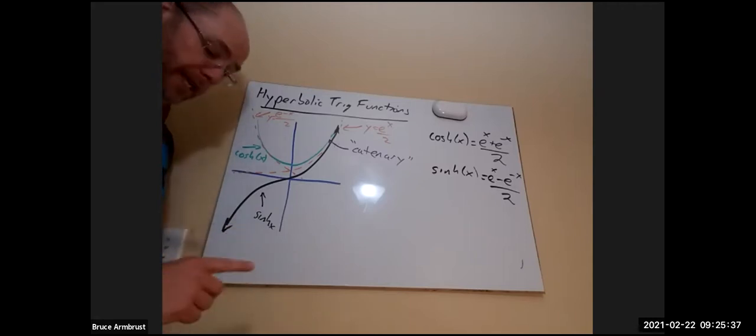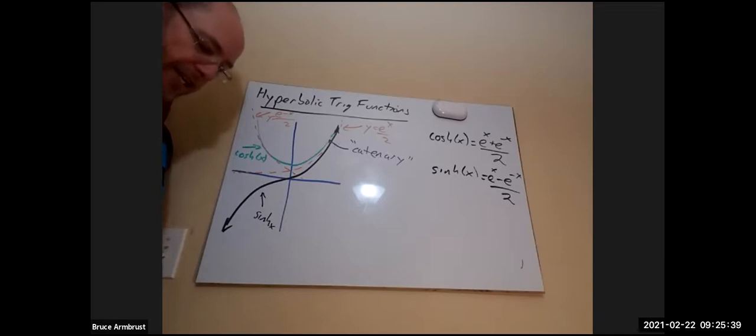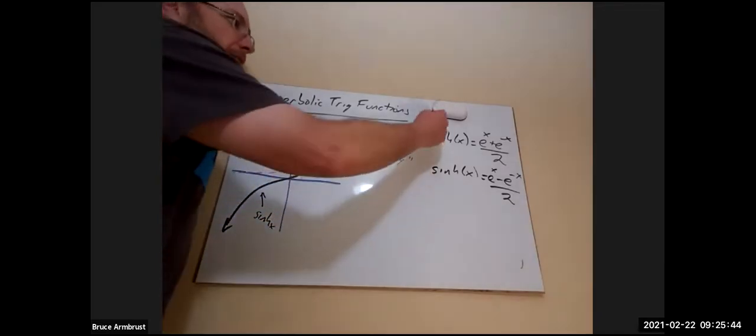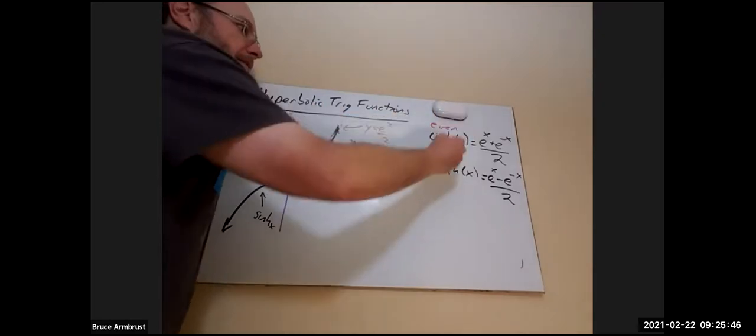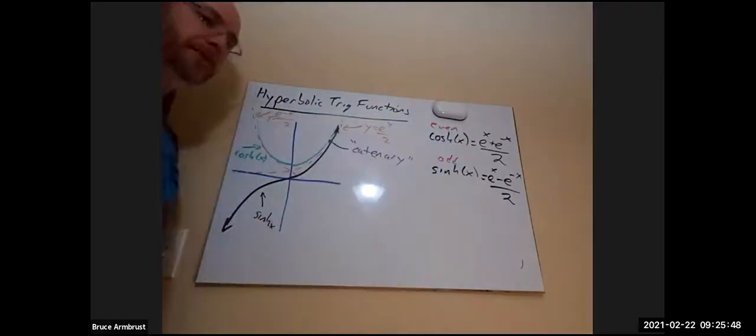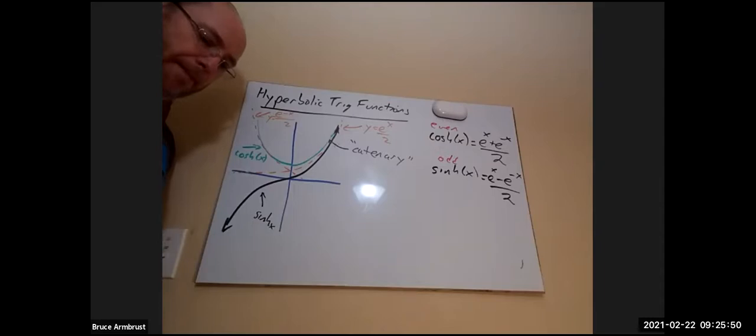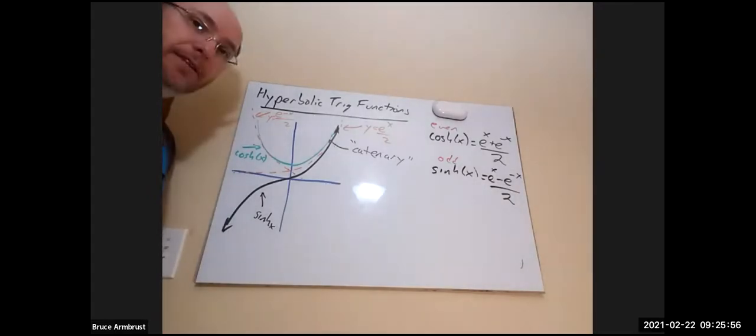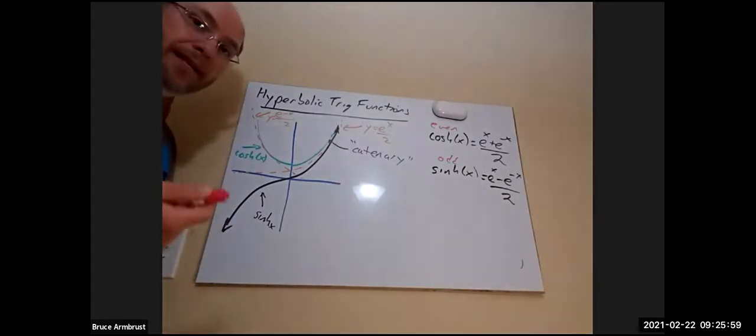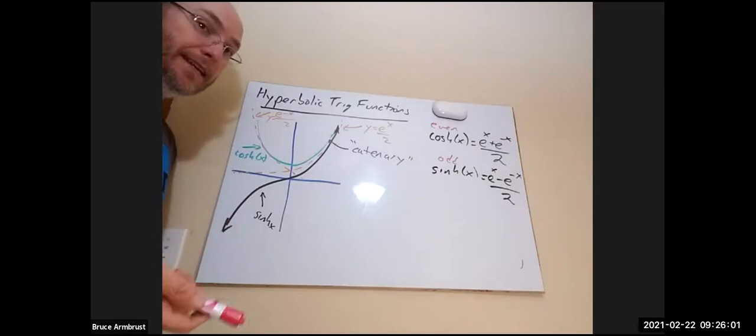But more importantly, notice that cosh is even and sinh is odd. With the symmetry, we actually had the same deal when we had sine and cosine. Sine was odd and cosine was even. But I bring this up because that definitely helps us with integrals, right? Hopefully you remember even and odd.